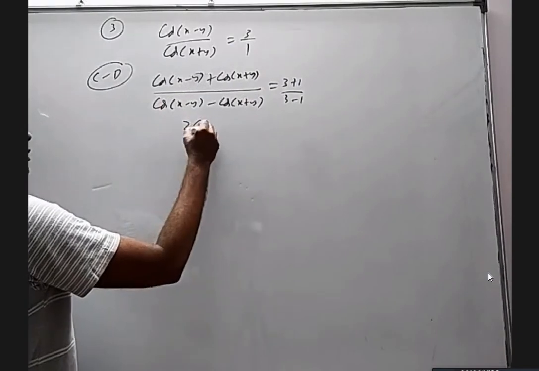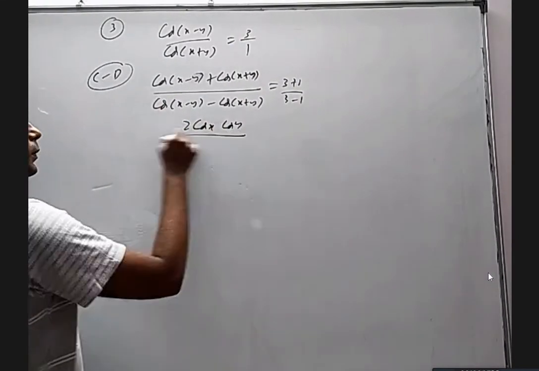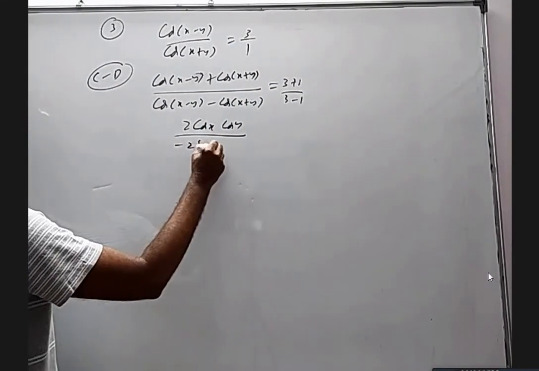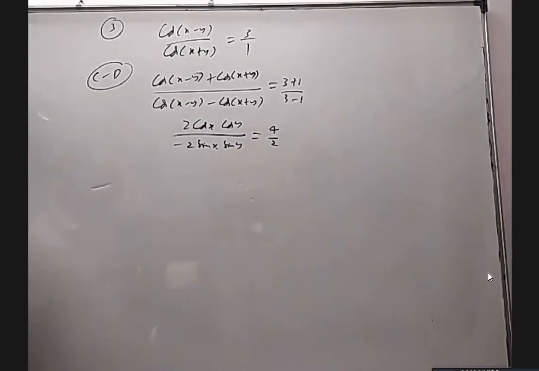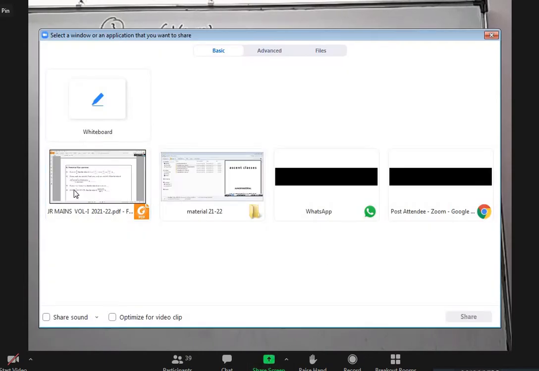This numerator is 2 cos x cos y. This denominator is minus 2 sin x sin y, and 4 by 2. So we got cot x, then we want tan x.